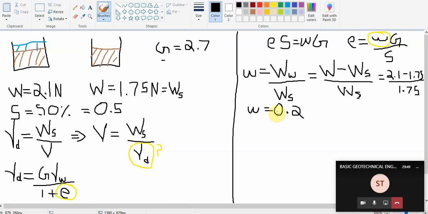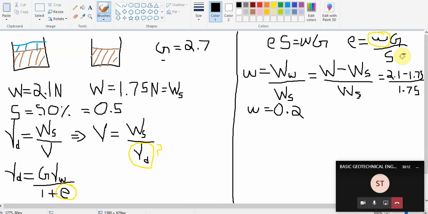Okay, now substitute this water content in this equation. E is equal to W into G divided by S. Now we know the value of W. It is 0.2. So 0.2 into 2.7 divided by S. What is the value of E?